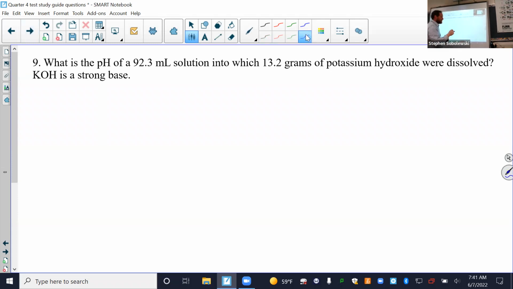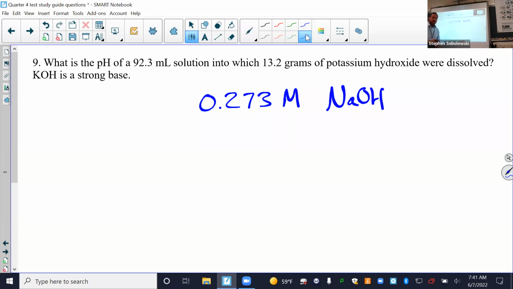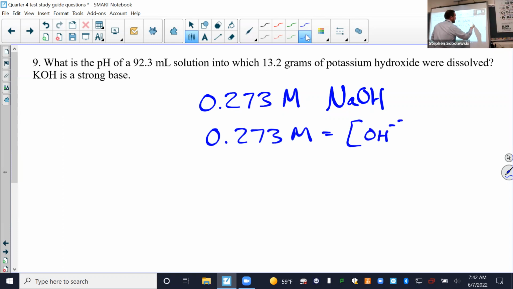Because, for example, if I just told you you have a 0.273 molar NaOH solution, that should have been a lot more straightforward. You should recognize, hey, because NaOH is a strong base that produces 1 hydroxide per NaOH, then this concentration is also going to be my concentration of hydroxide because it's 1 to 1.